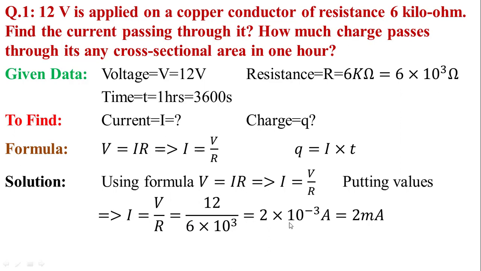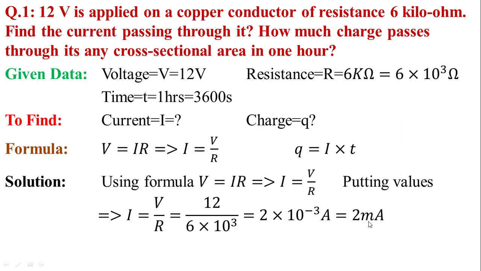So I is equal to 2 multiplied by 10 raised to power minus 3. 10 raised to power minus 3 is equal to milli. So the current is 2 milliampere. The SI unit of current is ampere; here the given current is 2 milliampere.